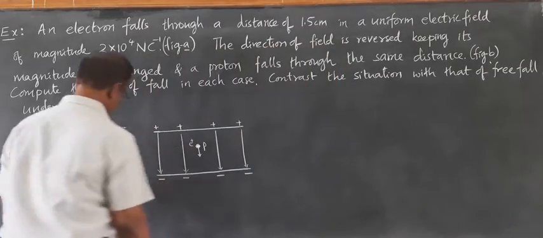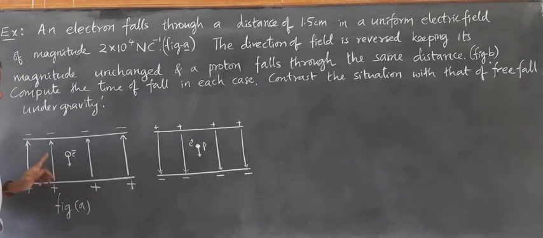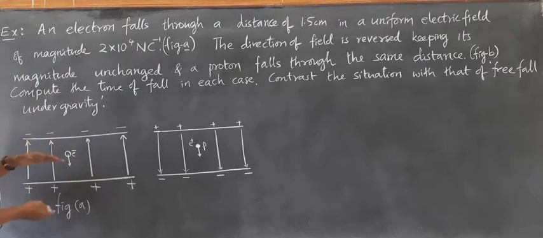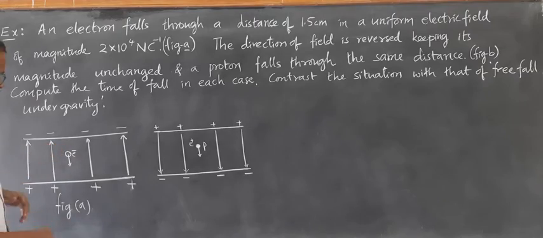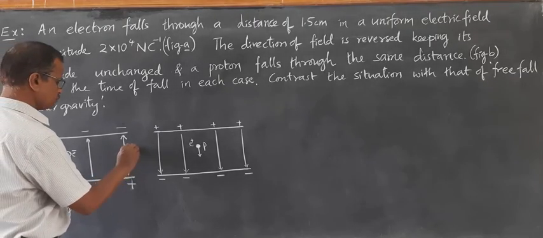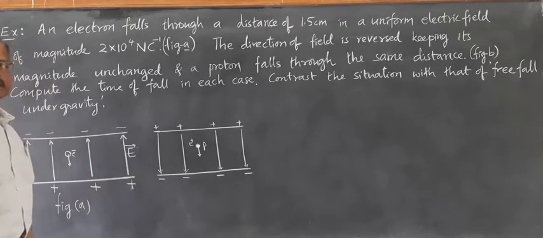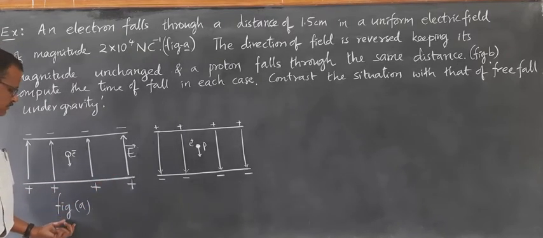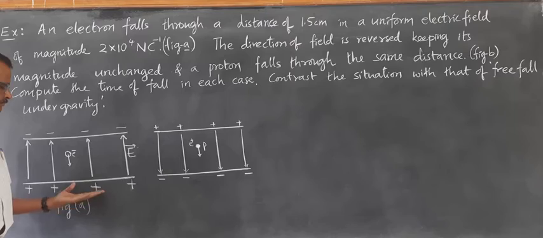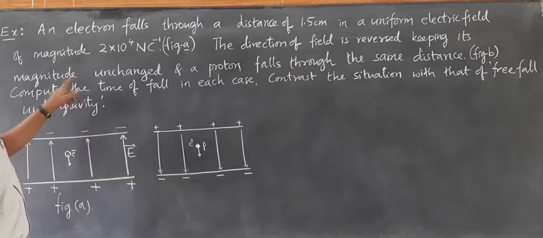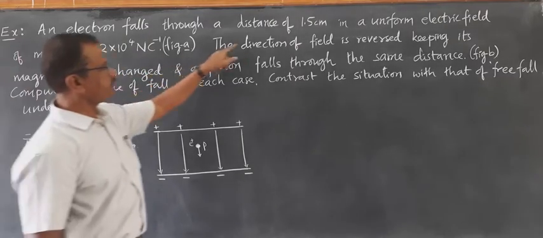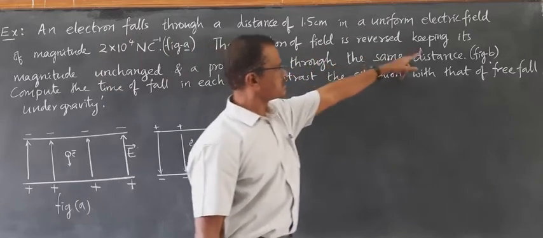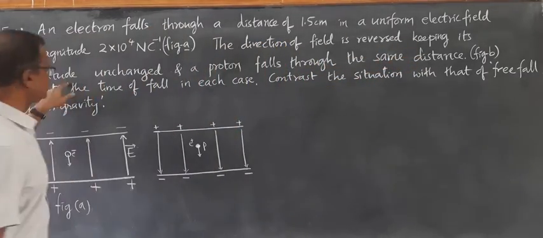The parallel lines shown here between the parallel charged plates show the uniform electric field. The direction of the uniform electric field in the first case, in figure A, is upward, right? In the second case, the direction of the field is reversed, keeping its magnitude unchanged.